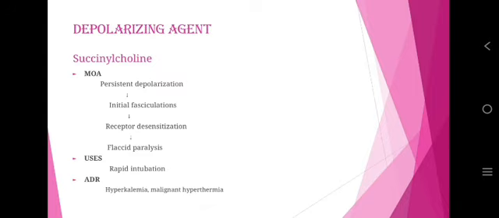This is the mechanism of action of succinylcholine.